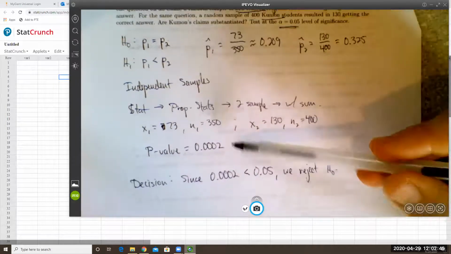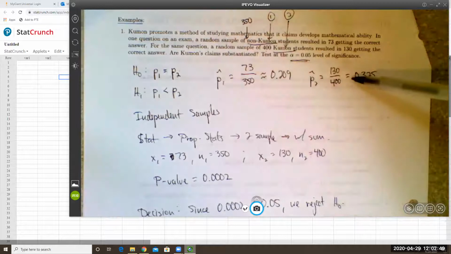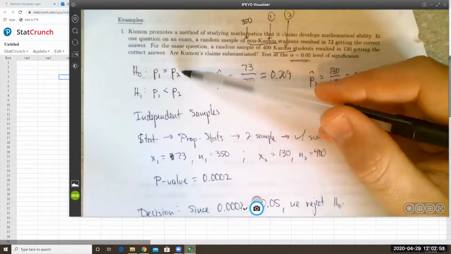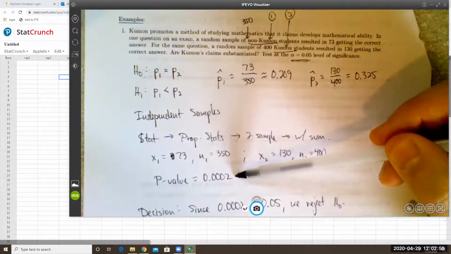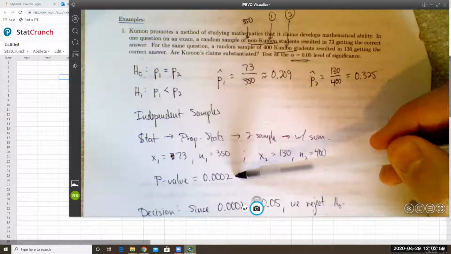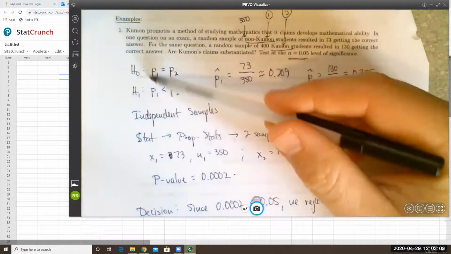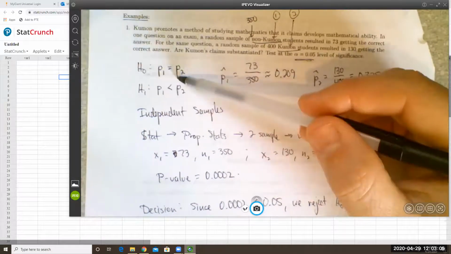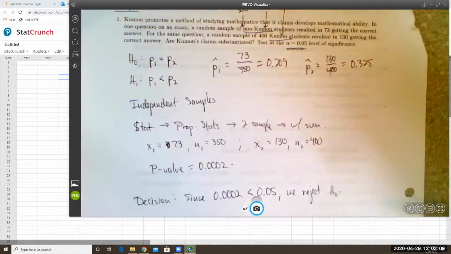The probability that we would observe these sample proportions if the population proportions were equal is 0.0002. In other words, it's highly, highly unlikely that we would have gotten these sample proportions if this were a true statement. So that makes us think that probably this isn't a true statement. So we reject it.